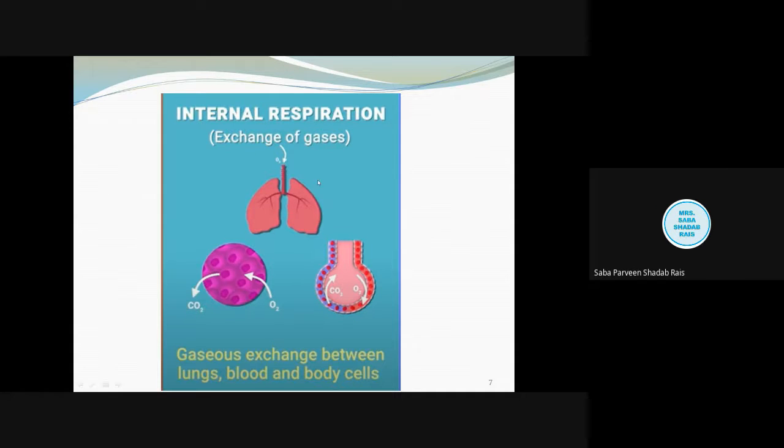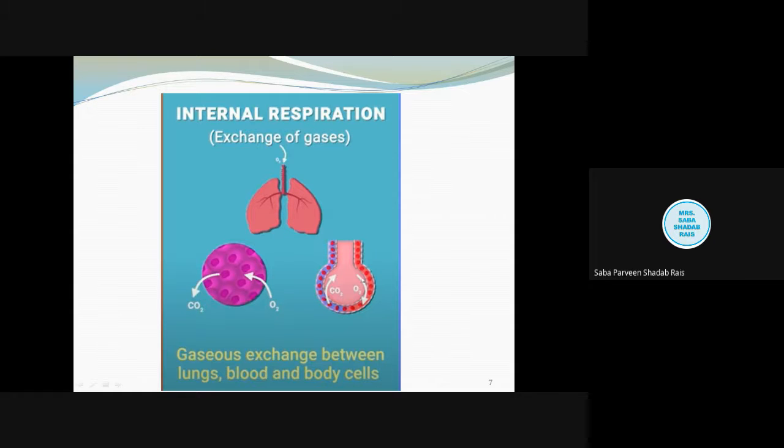Now from the lungs, this respiratory gas, the oxygen, will be taken inside to the blood. Understood? Now blood is already carrying the waste metabolic gas, that is the carbon dioxide. So that carbon dioxide will be returned back to the lungs. Take this out. This is the metabolic waste, this is not required, it should be excreted outside.